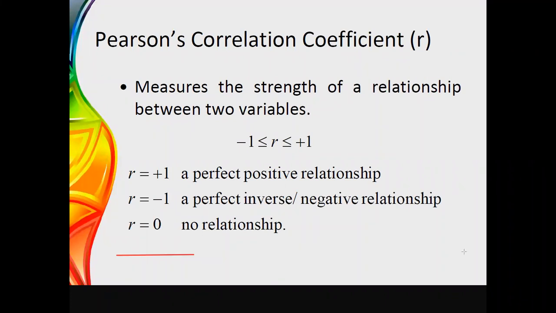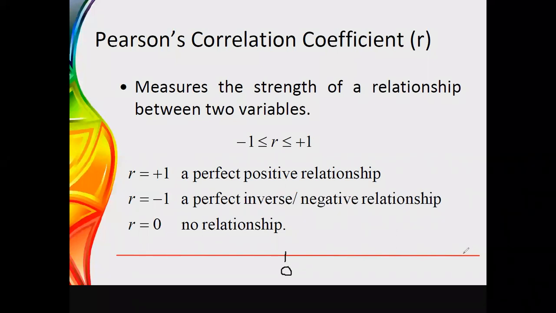I am just identifying some theoretical quantities related to the interpretation of these values. Now think about having a set of data, where you can identify values between -1 and +1. In between -1 and +1, 0 is there. If it is 0, there is no relationship.